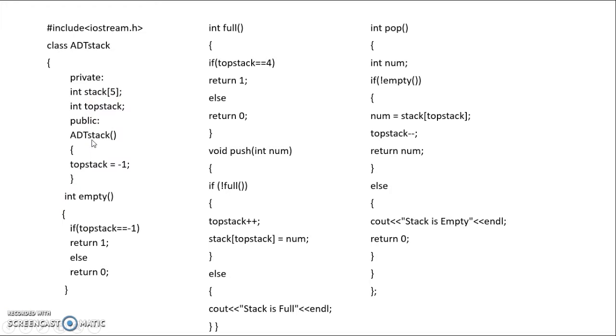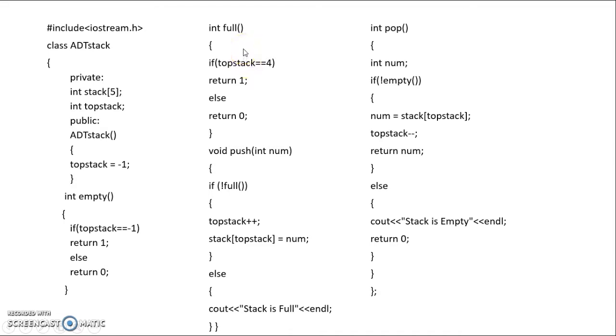In the stack constructor, we don't have any data elements yet, so we set top equal to -1. For the empty function, it detects if top is equal to -1, which means the stack is empty. It will return 1, true, else it will return 0, false.